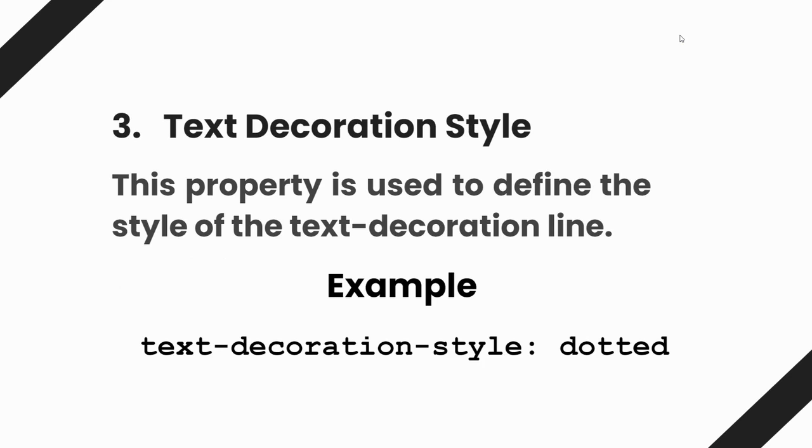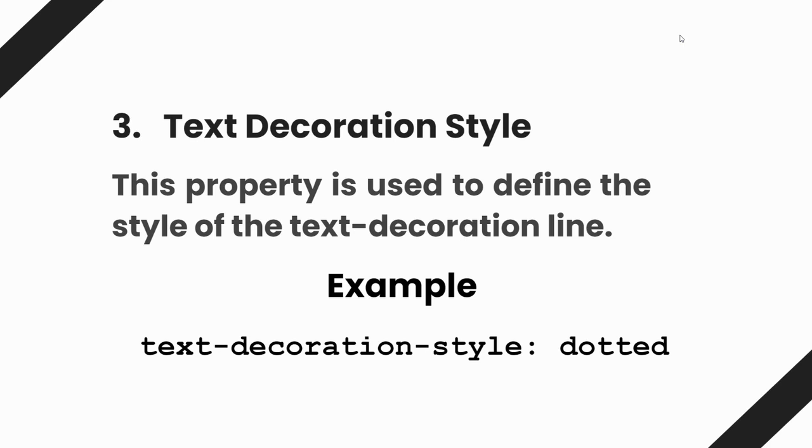So the next property under the text decoration is the text decoration style. This property is used to define the style of the text decoration line. It helps you define the kind of decoration you want on the text decoration line.